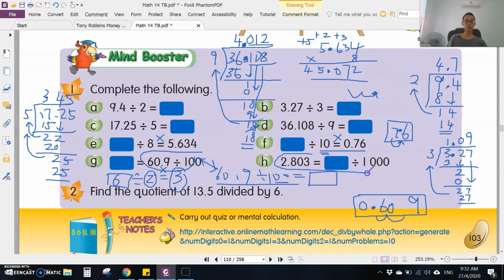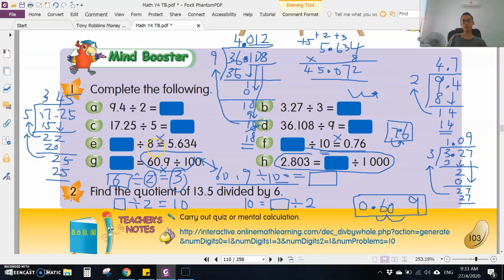Okay, H. Alright, so this kind of question will appear in your exam. Okay, if I make it simpler, for example, 10 equals what divided by 2. Okay, in other words, it is the same as what divided by 2 equals 10.